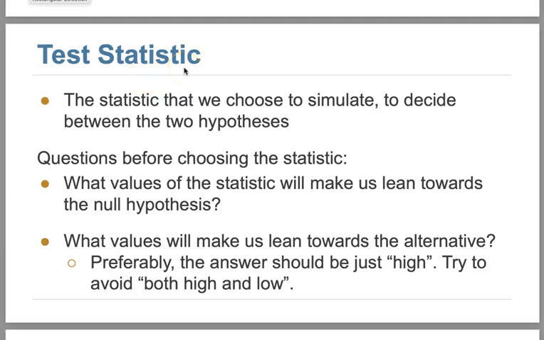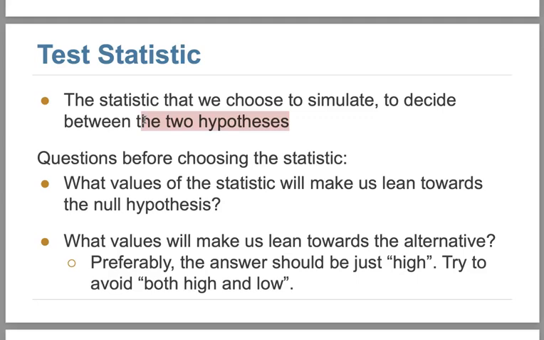This chosen statistic we call the test statistic. This is the statistic that we choose to simulate to decide between these two views, or these two hypotheses. It's important to choose the statistic. So that's why you need to ask these questions.